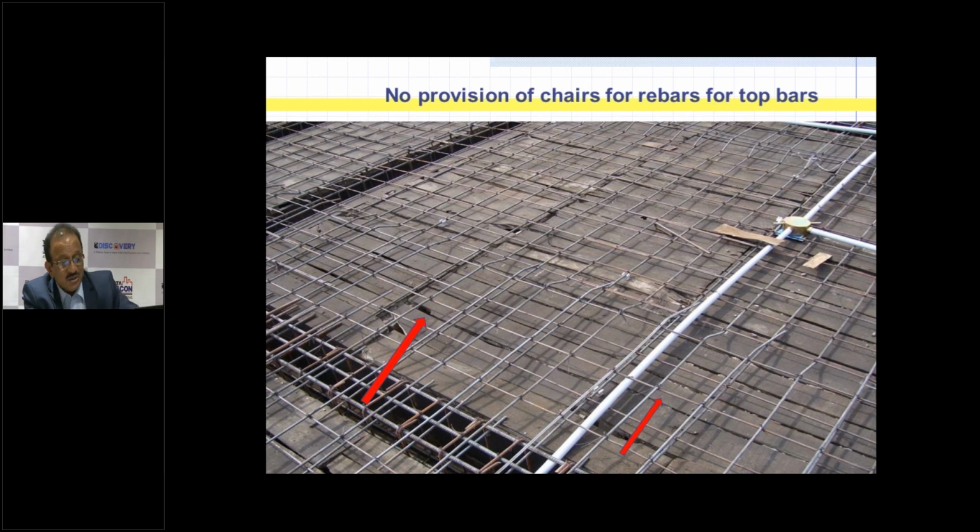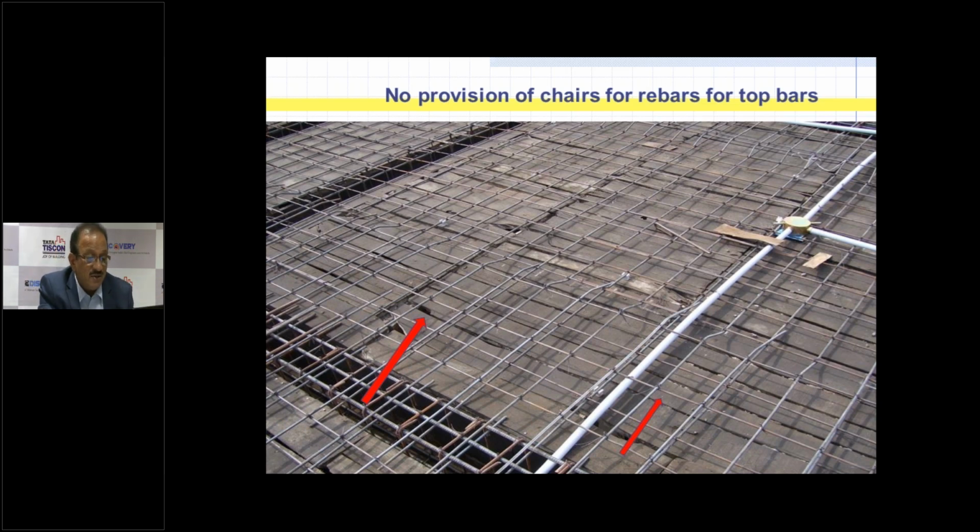So I am 100% sure that when the concrete is finished, in this case, the top steel, which is supposed to remain just at 15 mm distance from the top of the slab, is going to be pushed inside the concrete, and it will be practically at the neutral axis. So there will be no steel available at the top to resist the negative moment, and because of that negative bending moment, this entire say 1 meter on either side of the beam, this portion will develop a lot of cracks because there is no steel available at the right place. The steel is there, but it has got displaced.